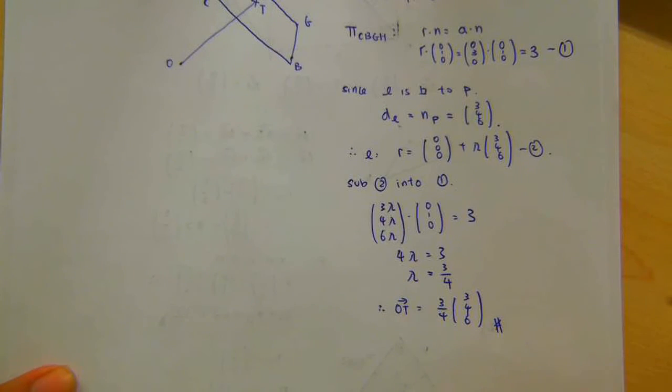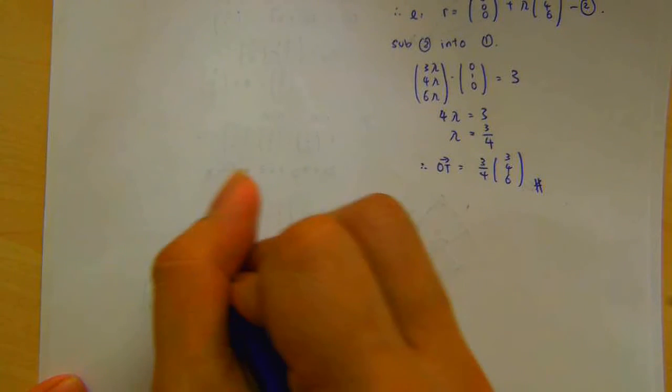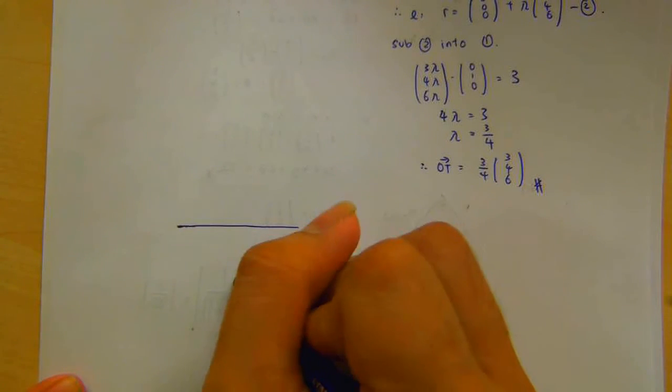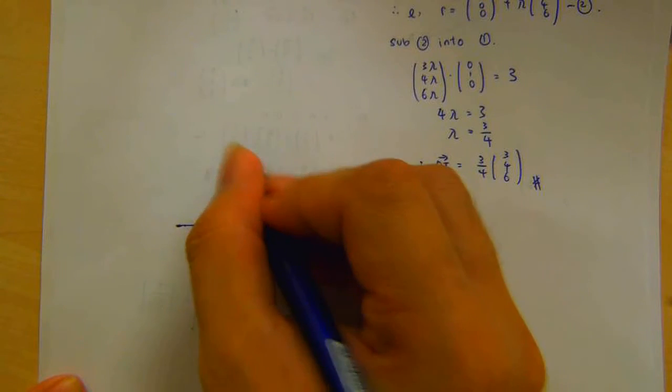The second part of this question requires us to deduce the perpendicular distance from T to P. So let me draw a 2D diagram to represent the scenario that we have. So we have the plane P, the origin, and the line.